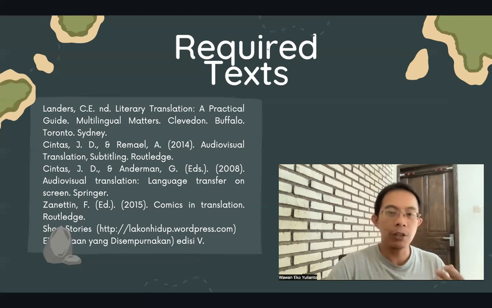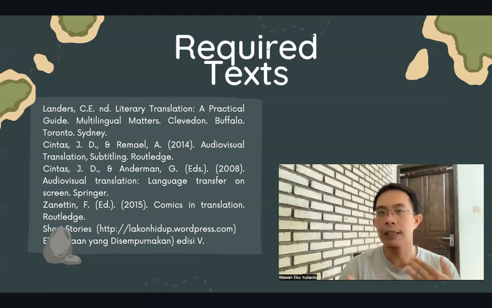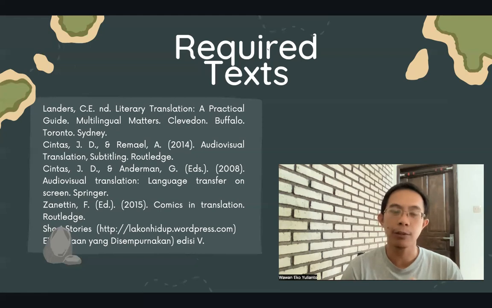And last but not least, you will need to read the latest Indonesian standards in spelling, ejaan yang disempurnakan, which is edition 5. So these are what you are expected to read throughout this semester.